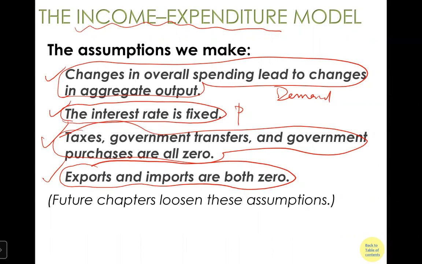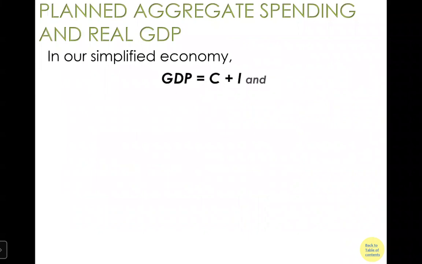But I want to emphasize, we are going to relax these assumptions in future lectures. Now, with these assumptions, we are going to see some very nice, very intuitive formulas. Let's start with this one.